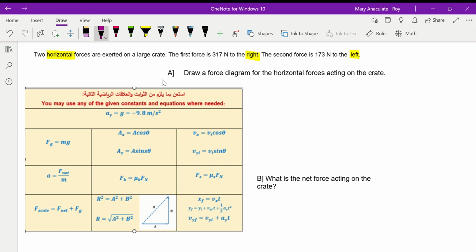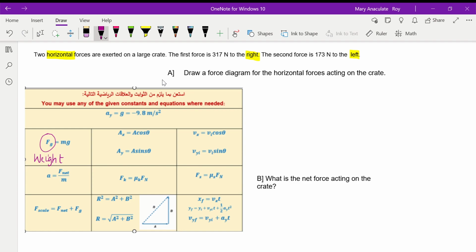Now, before solving this question, I would want you to look at the formula sheet that will be given for your exam. So you have these formulas and the value for g, acceleration due to gravity. That's given as 9.8 meters per second squared, and we have the force of gravity formula, that is mass times 9.81. This force of gravity can also be termed as weight. Alright, this is the weight as well.